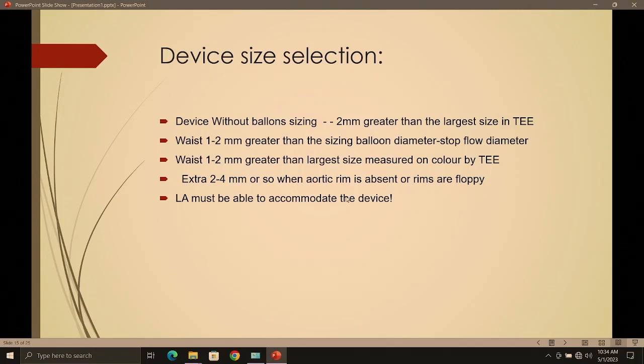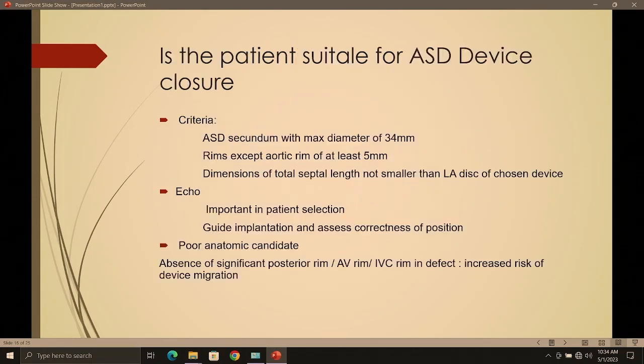But in case of rim absence, it has to be taken 2 to 4 mm more than the size of the actual defect. And the LA must be able to accommodate the device. So the interatrial septum should not be lower than the LA disc.